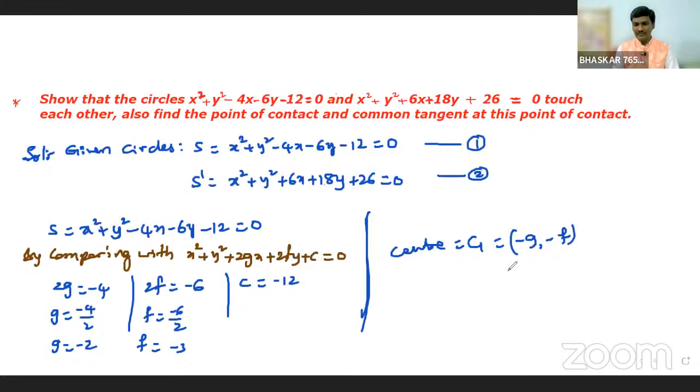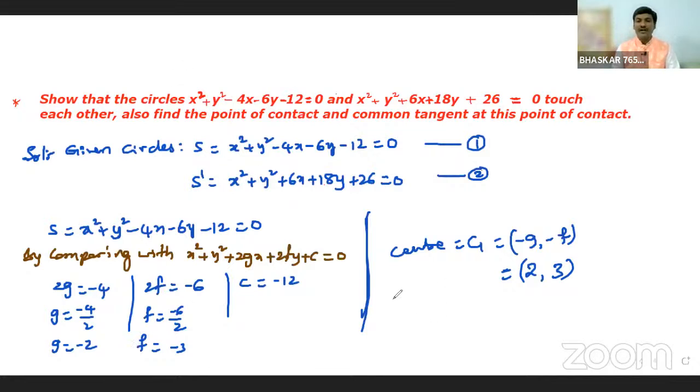So minus of minus 2 becomes plus 2, minus of minus 3 becomes plus 3. We change the sign for f and g.